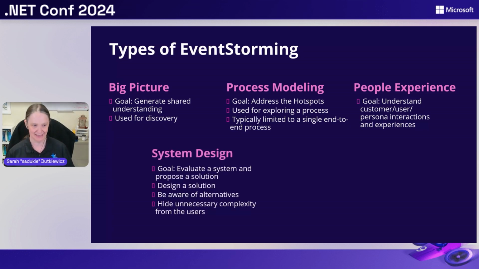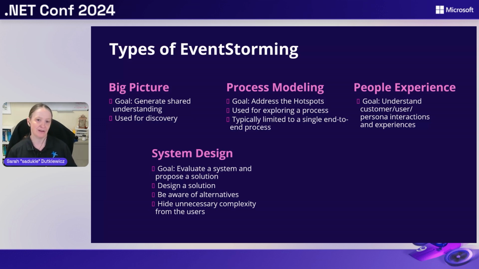Okay, system design. So big picture, process modeling, and system design are what's documented. There's official documentation for most of those. There are two books I'm going to recommend toward the end. Big picture and process modeling, well documented. System design, not so much. So system design, EventStorming, is used for building systems, software systems, business systems.